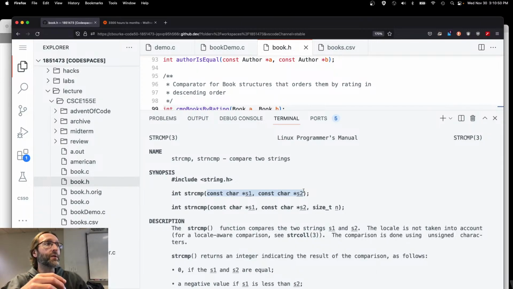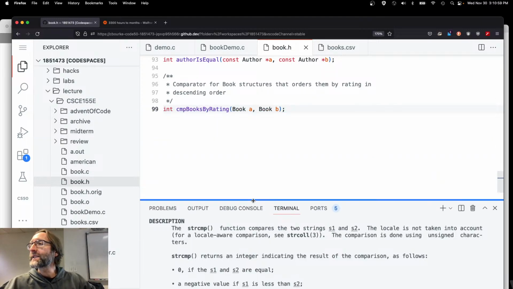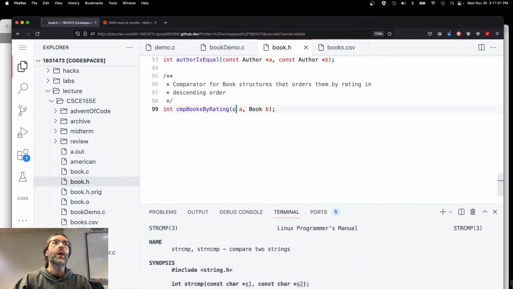You could use it as part of your comparator, but you couldn't use it in general. All right? So it has to follow that pattern. const void star A and const void star B. Right. That's a comparator.